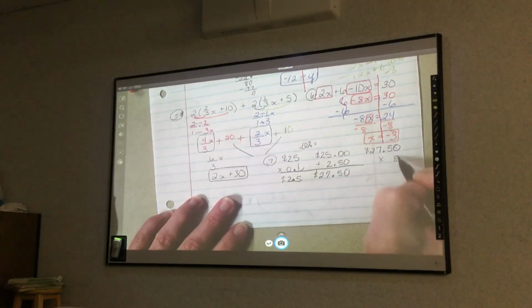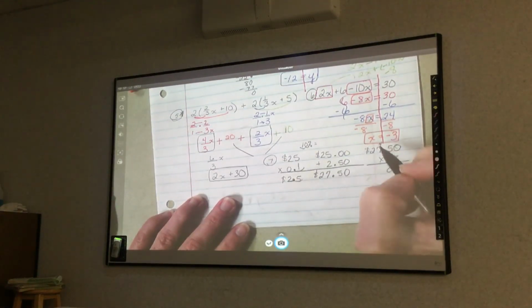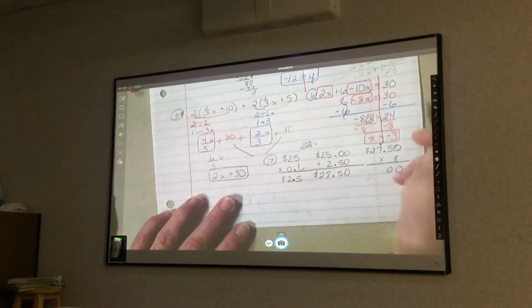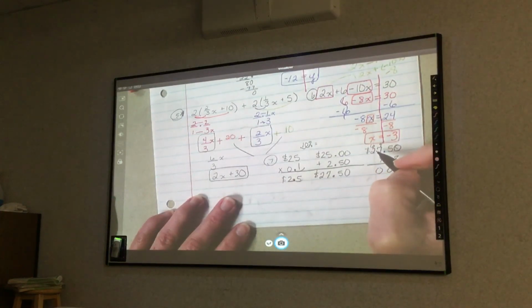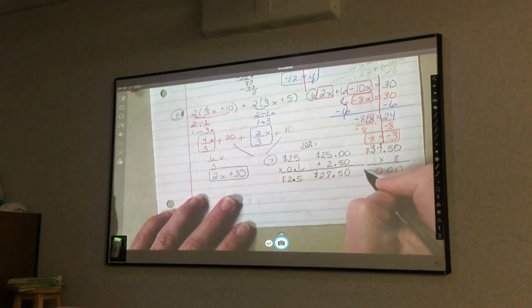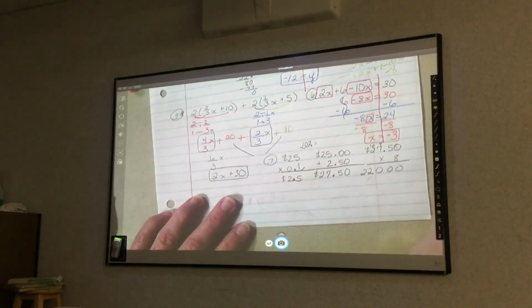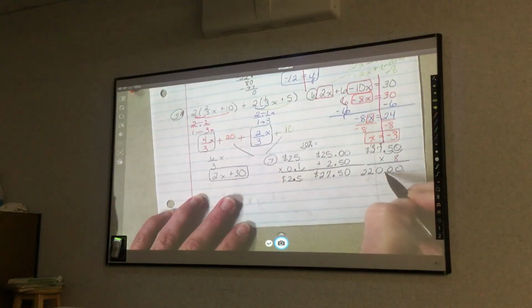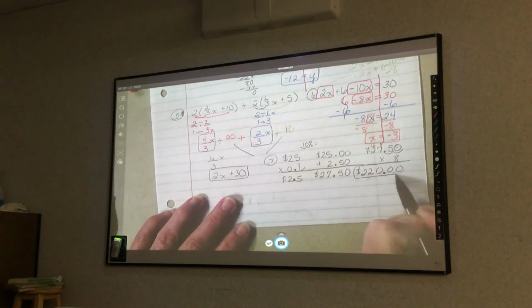Multiply by 8. 8 times 0 is 0. 8 times 5 is 40. 8 times 7 is 56 plus 4 makes 60. 8 times 2 is 16. 16 plus 6 makes 22. 2 decimal places, so I start on the right and I go 1, 2. So in an 8-hour day, she'll make $220.